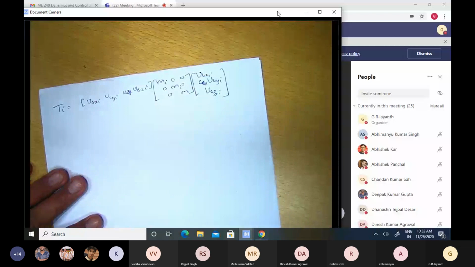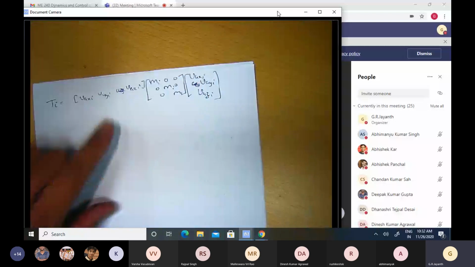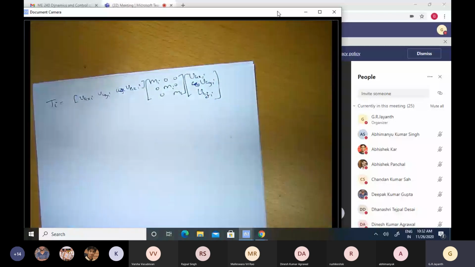This product is going to give me the same quantity, half of m_i times the sum of the squares of the x, y, and z components as before.